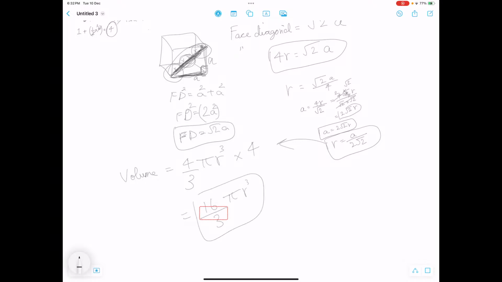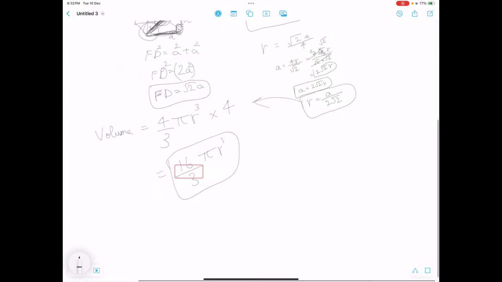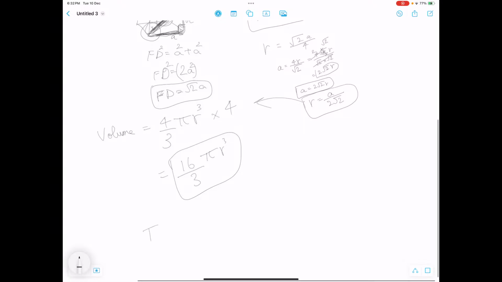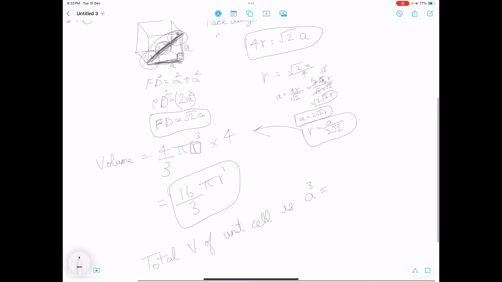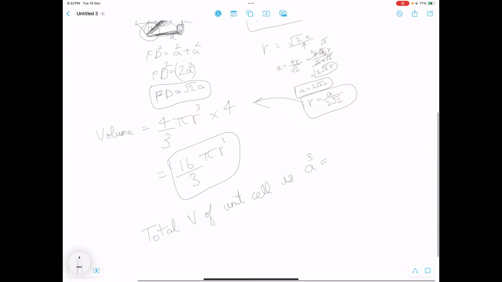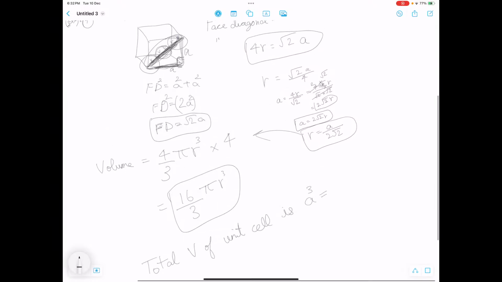This is the volume, and we know that the total volume of the unit cell is a cube. So this will be equal to, okay, what was a? a was 2 root 2 r, the whole cube.